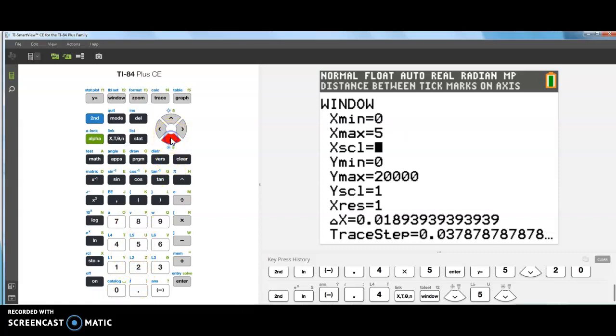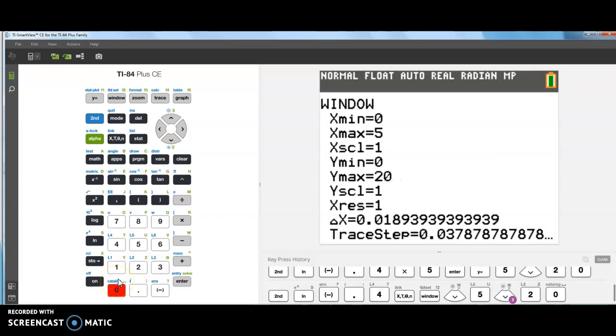In the y direction, y represents the milligrams. It doesn't make sense to have less than 0 milligrams, so I'll let that be 0. As far as y maximum, we saw that the initial dose of medication was 20, so it doesn't make sense to go above 20. So I'm putting these numbers in from the context of the problem.